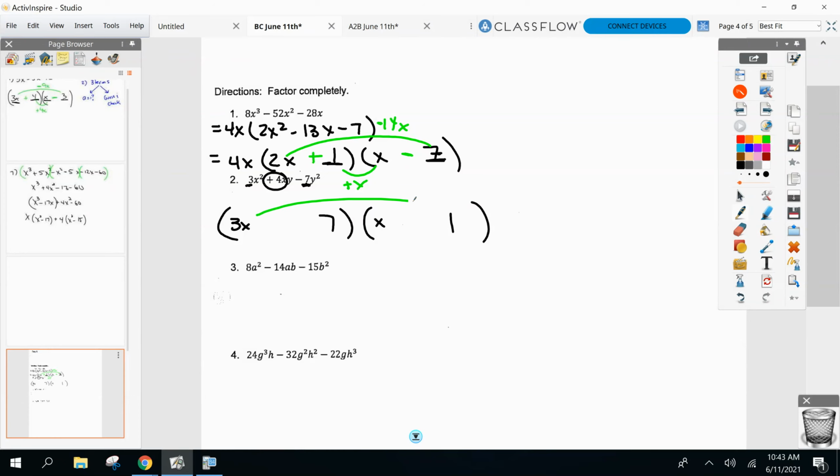I'm going to get a 3x on the outside, a 1x on the inside, and I can definitely get 4 from that by adding both of them. And it makes it easy now if they're both, hold on. 3, 7, I need a 4.